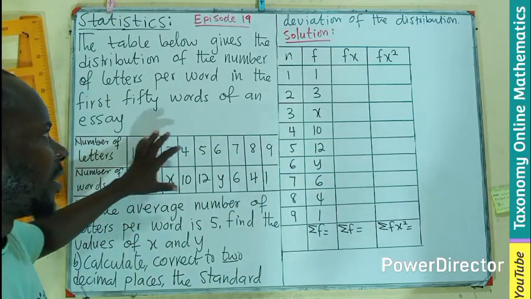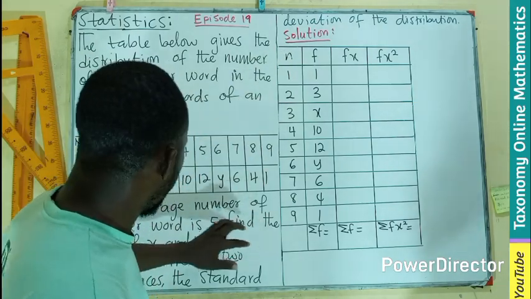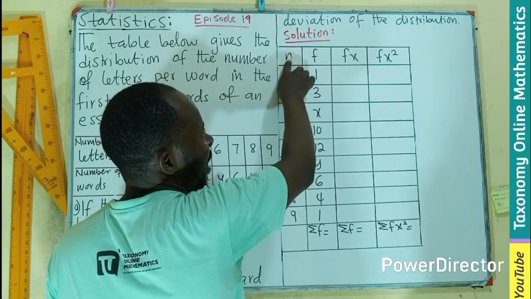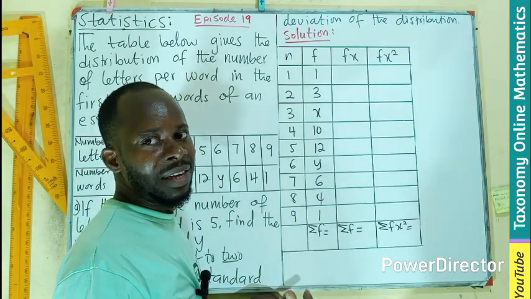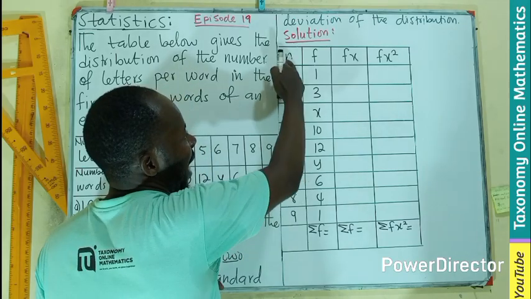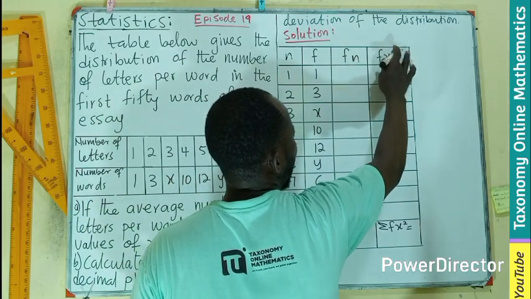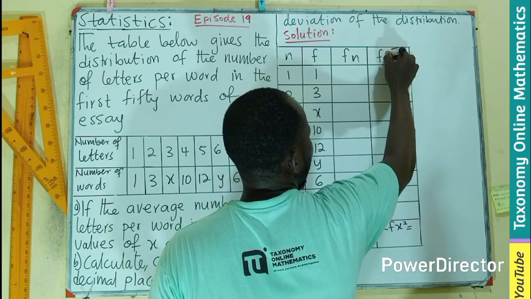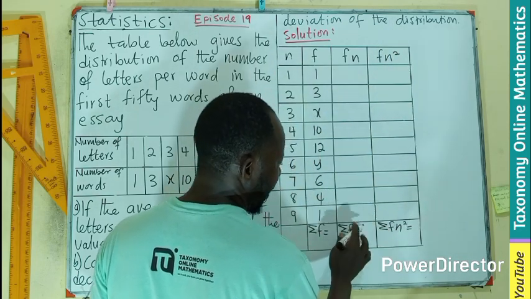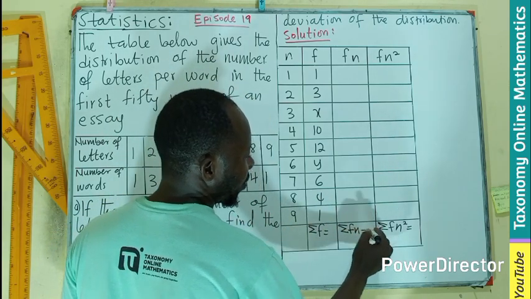So we just translate this. Now, in this case we have x and y as variables, so the first term, which normally we know as x, has to be changed to a different letter. So we have f and n, where n is the number of letters, and then fn and fn squared.